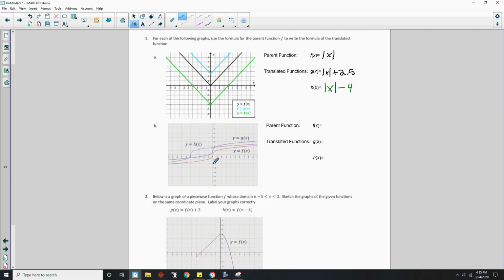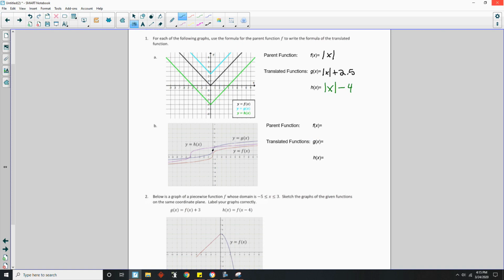So part B, this one's a little harder to read. This is a function right here coming along, turning, and then going up here, and it's crossing at the point 0, 1. Okay. This is a cube root function.